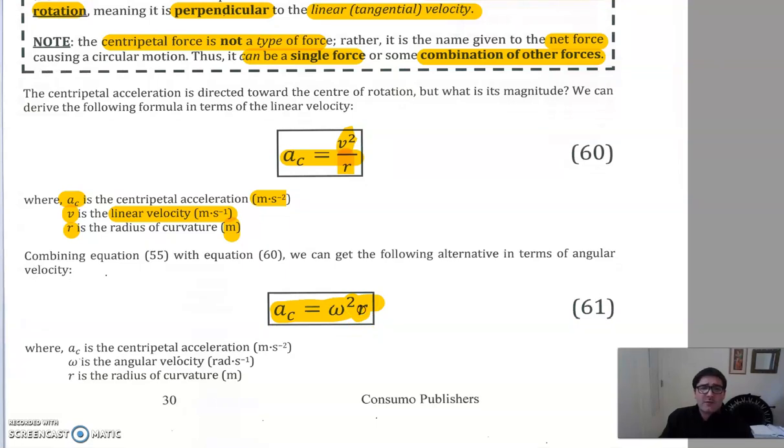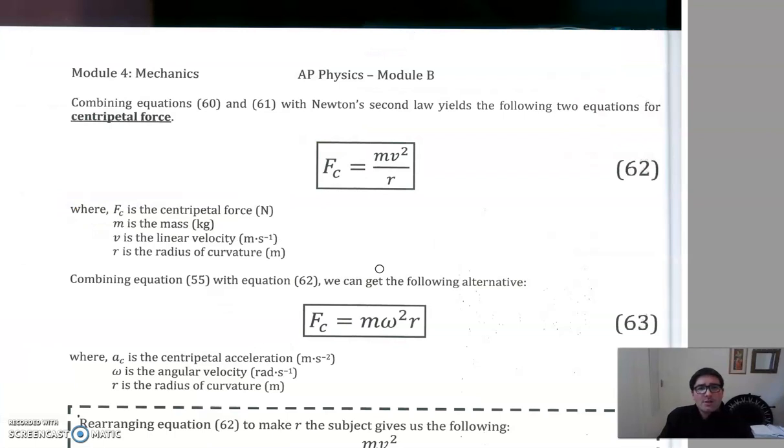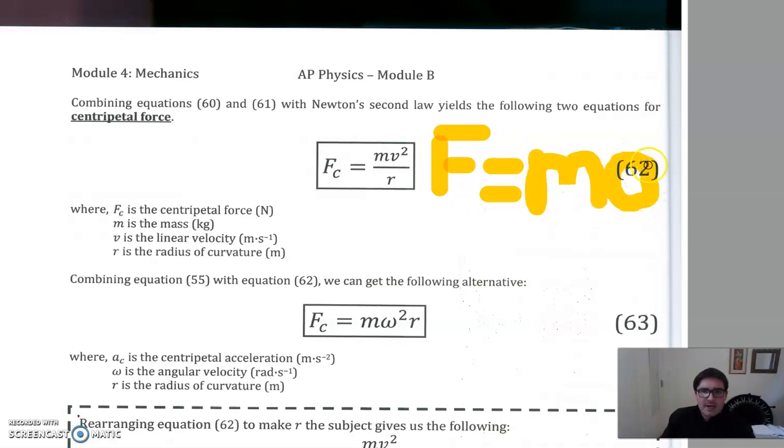You can derive these formulae for yourself, and I would suggest that you do that and write it down so that you can see how the two relate. If we then move on to centripetal force, where do we get this equation? Very simply, we get the formula that the net force is equal to the mass times the acceleration.